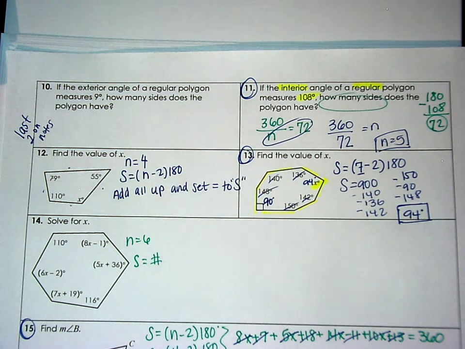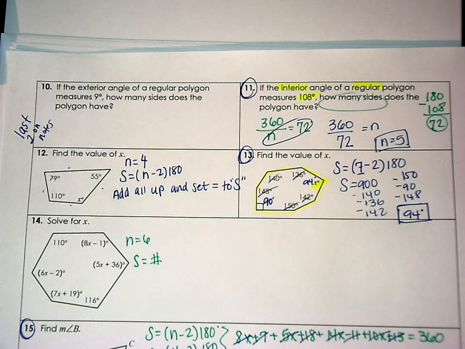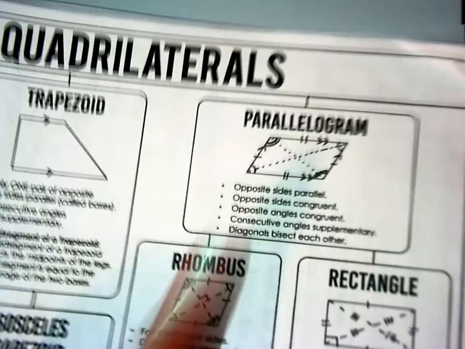Okay? So I think you could get all of these done. And then you could use this paper here as kind of your cheat sheet for the test. You can use anything for the test. I'm not going to say no notes, everything. But my suggestions would be to use, so I'm going to put this under the screen in just a second, that Quadrilaterals page that we started with that has all these marks on it.